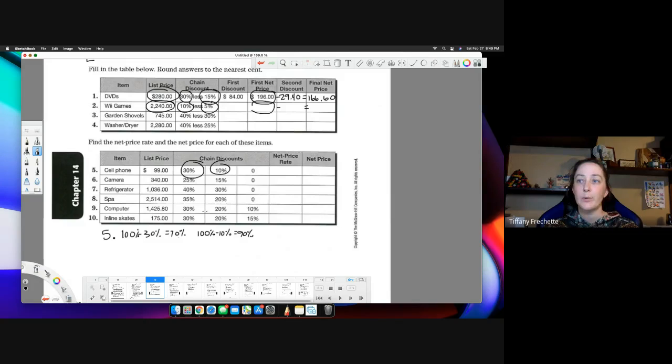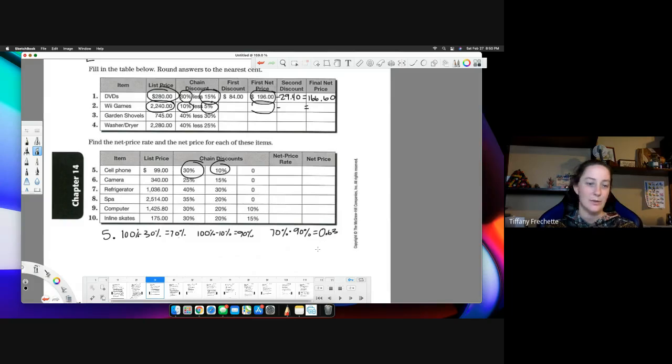On number 9 and 10, remember you have to do it 3 times. There are 3 discounts for number 10, so you're going to have to do it a third time for number 9 and 10. Once you've done this for each one of your discounts, you take your complements and multiply them together. So 70% times 90%, we get 0.63, and I converted that to a decimal on that one.